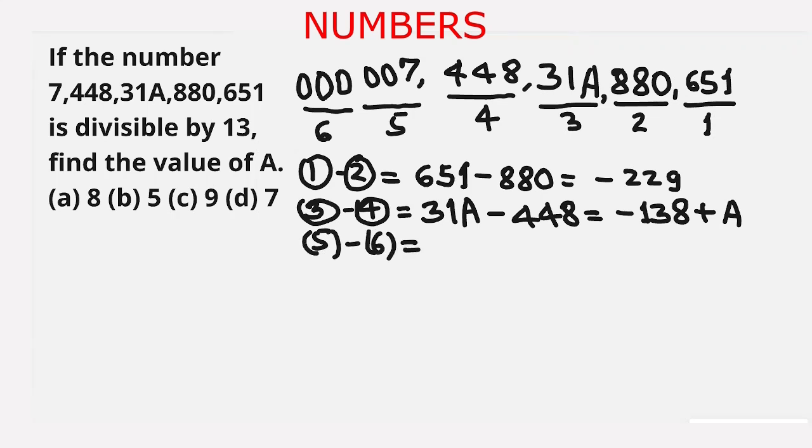And 5 minus 6 is equal to 007 minus 000, which is equal to 7.